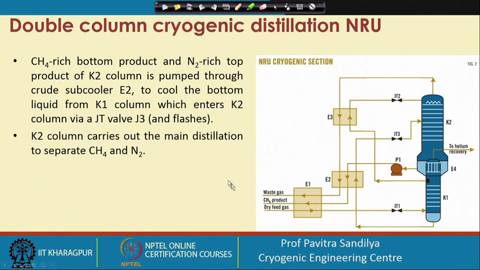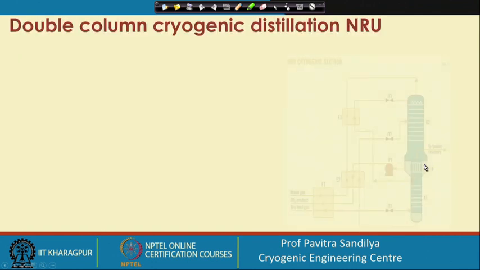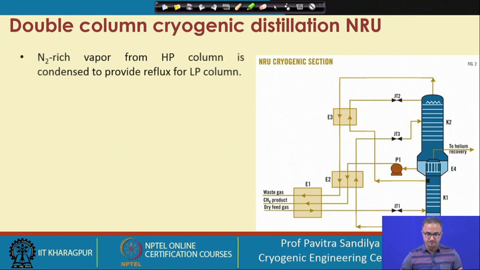This column is responsible for the separation of methane and nitrogen, and whatever reboiler duty we need at the bottom of this column is provided by the condensation of nitrogen from the bottom column at the higher pressure.